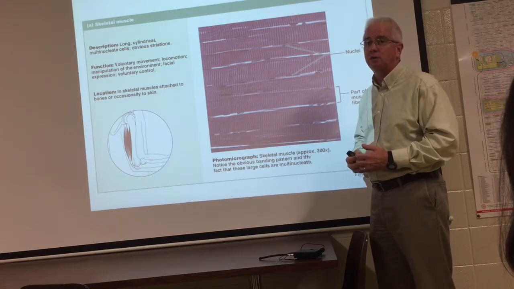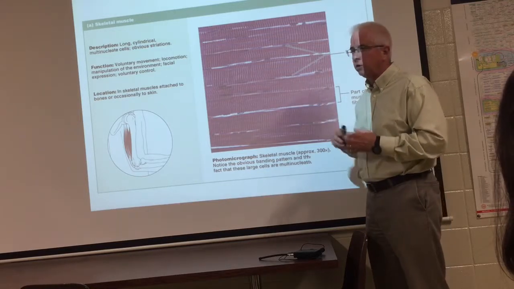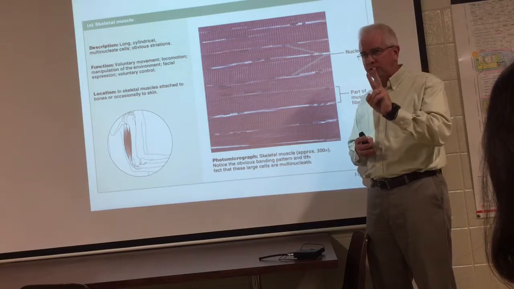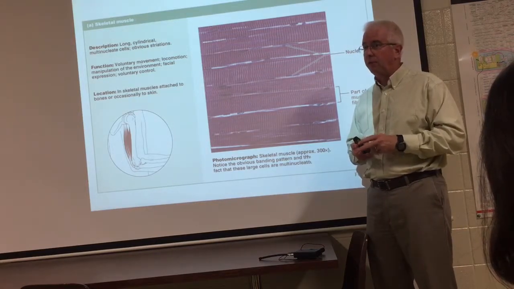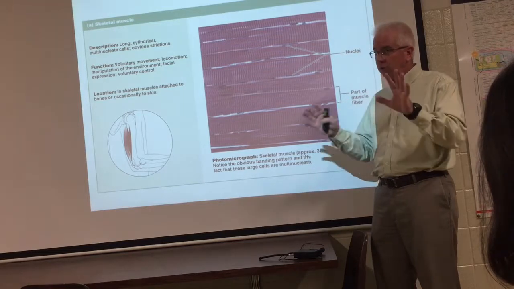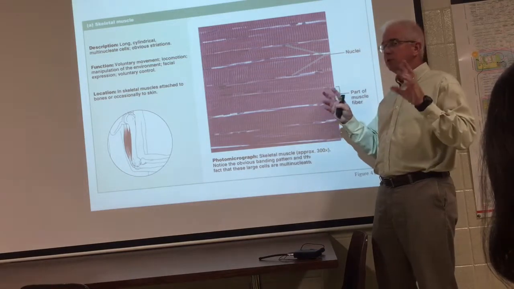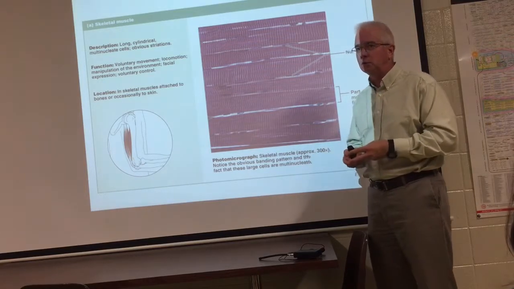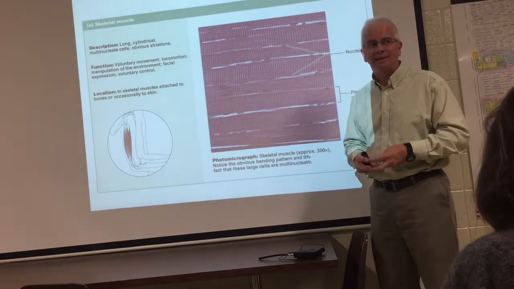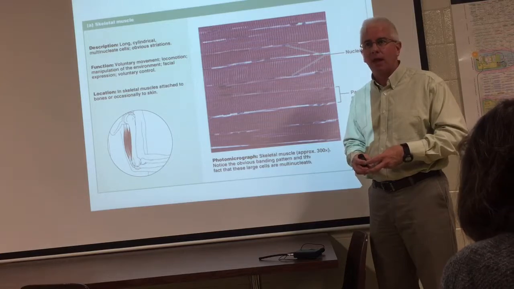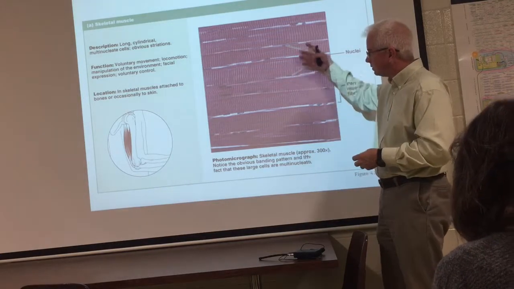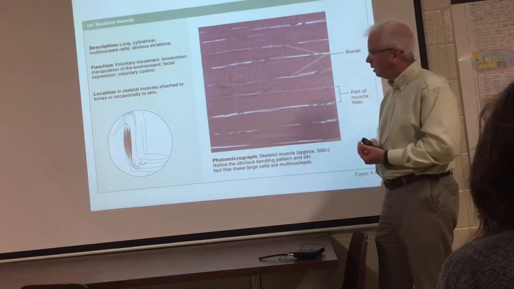They look striped. The reason for those striations is the arrangement of 2 proteins, primarily. There are actually 4 here. We'll do the tropomyosin troponin story later, but 2 primary proteins explain why these things look striated. They are actin, A-C-T-I-N, and myosin, M-Y-O-S-I-N. Actin and myosin create the striated appearance of skeletal muscle.